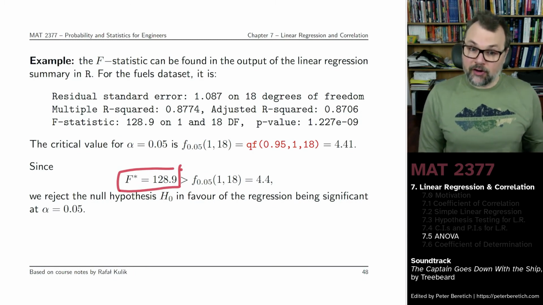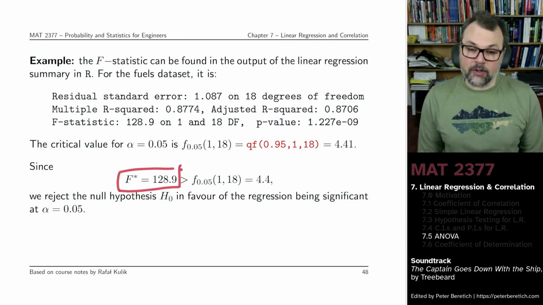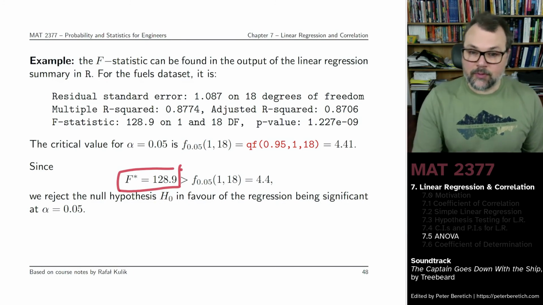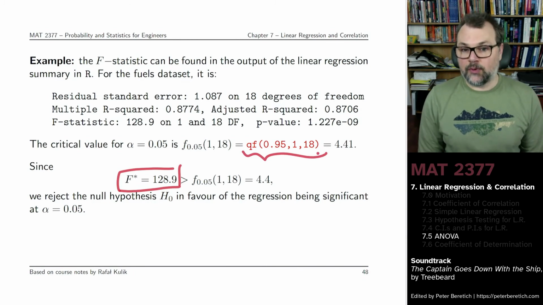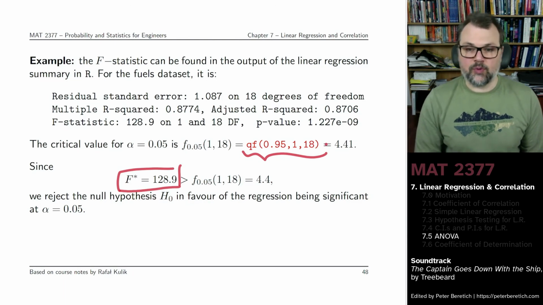But we need to compare it to, at the 5% confidence level, the critical value of the F distribution with 1 and 18 degrees of freedom, which you can either obtain from the tables or by computing the critical value in R. The Q here represents a quantile. You want the 95% quantile, and you have 1 and 18 degrees of freedom for the F distribution. And you'll get that this value is about 4.41.